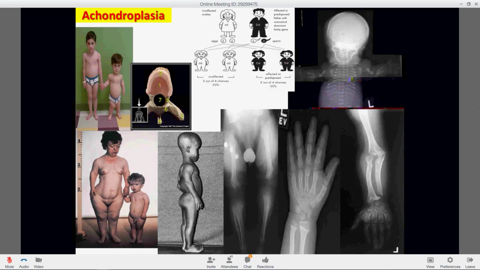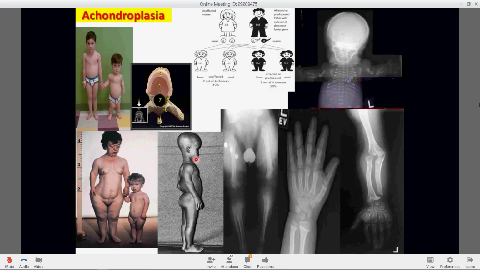Achondroplasia. Achondroplasia is usually inherited as autosomal dominant. In this condition, there is marked dwarfism, as you can see from the difference between these two babies. And there is a characteristic abnormality.